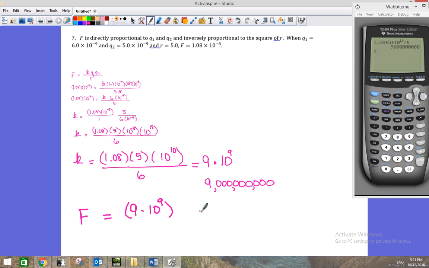That's my K times whatever our values for Q1 and Q2 are divided by R squared. So, if there was a part B to this problem, they might have given me different values of Q1, Q2, and R in order to calculate a different force for this problem. So anyway, that's my answer for problem number 7.